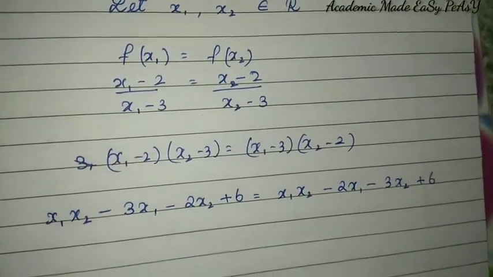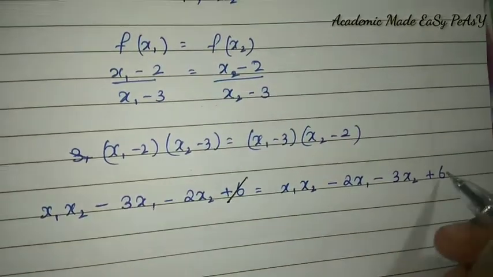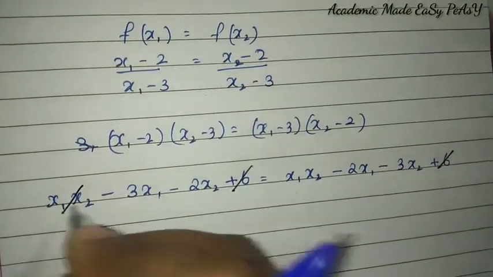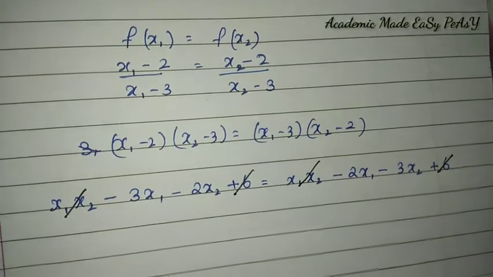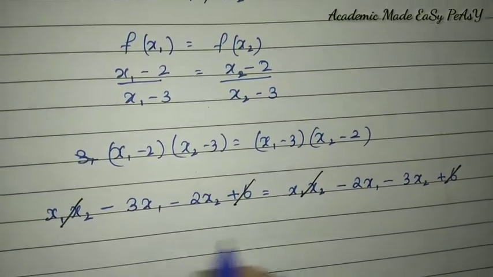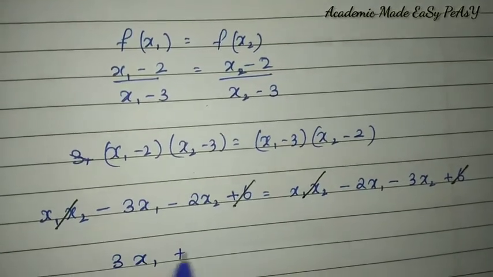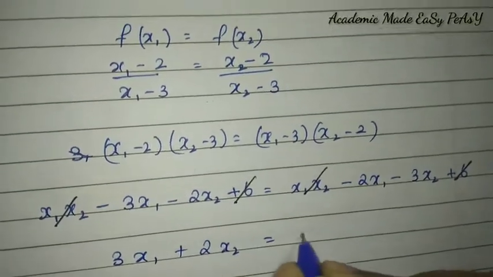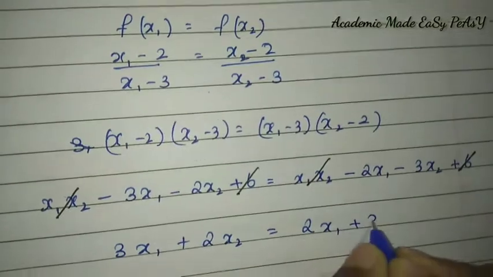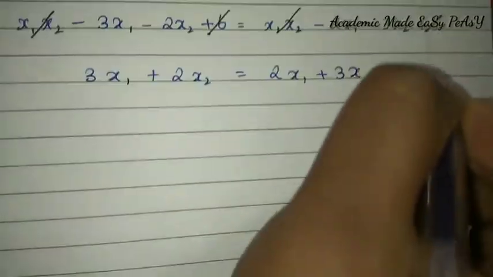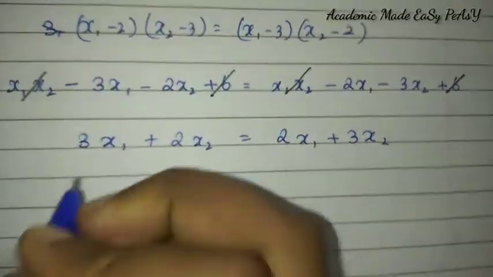So now what all I have common, I will cancel 6 and 6 and x1 x2, x1 x2. Okay, so now I will change the sign. So 3x1 plus 2x2 is equal to 2x1 plus 3x2. In the next step, I'm going to group the similar variables.